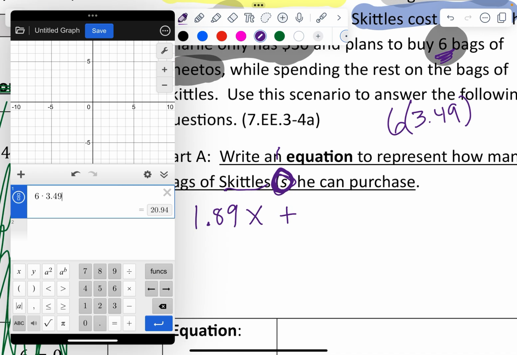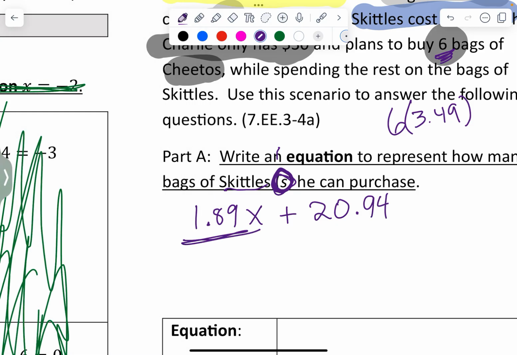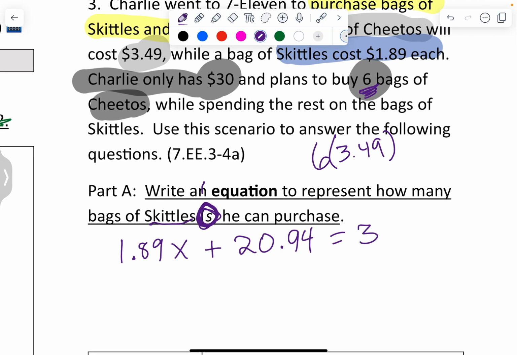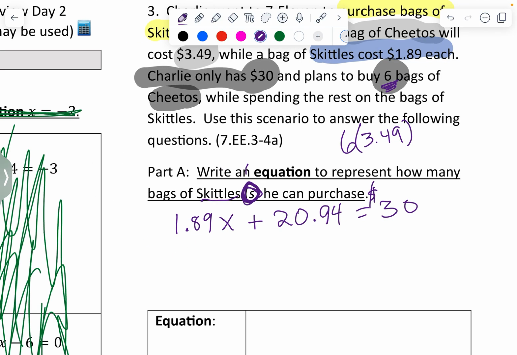Hey, that's $20.94. So again, I'm buying some Skittles for $1.89, but we don't know how much. Plus, we bought some Cheetos for $20.94. All I know is the most I could buy or spend is 30 bucks. All right, cool. So, hey, there's your equation.